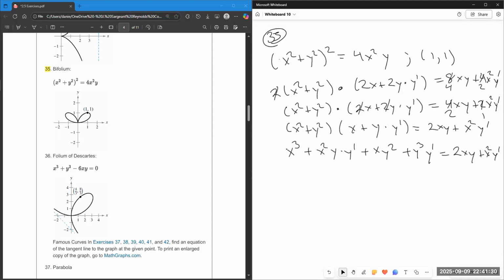So we get our y prime terms staying on the left: x squared y plus y cubed minus x squared y prime. And everything else comes to the right: 2xy minus x cubed minus xy squared.